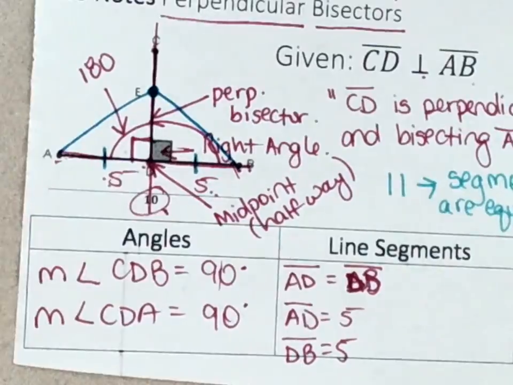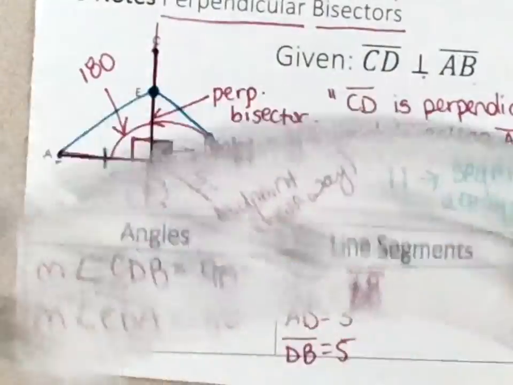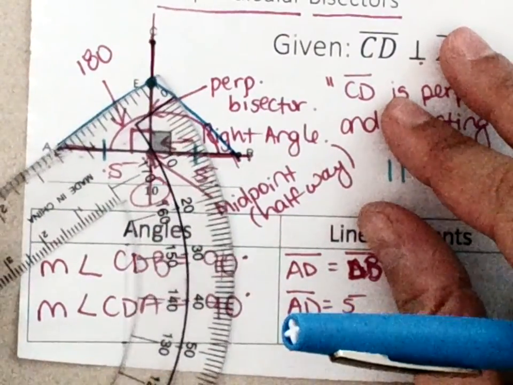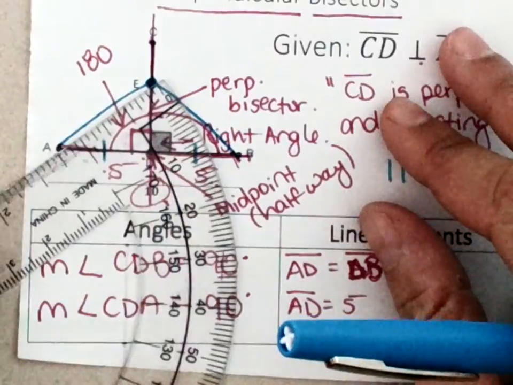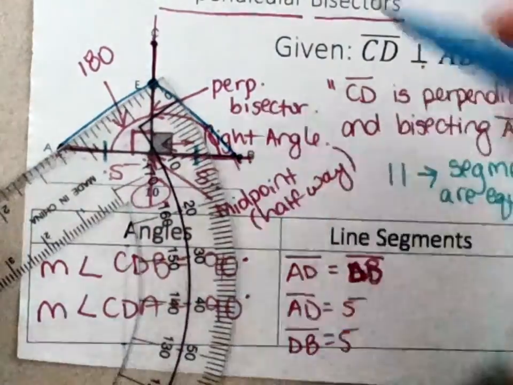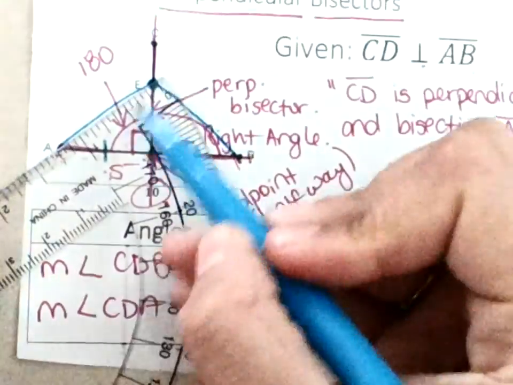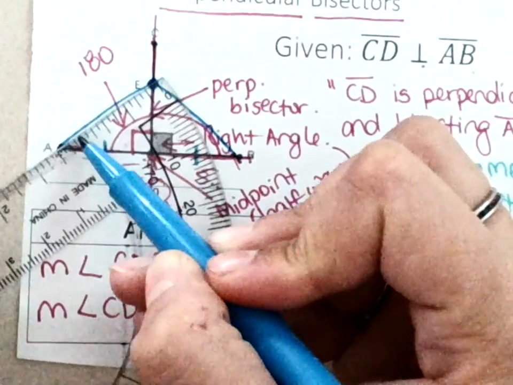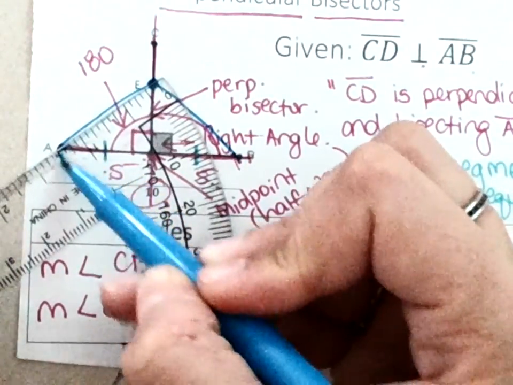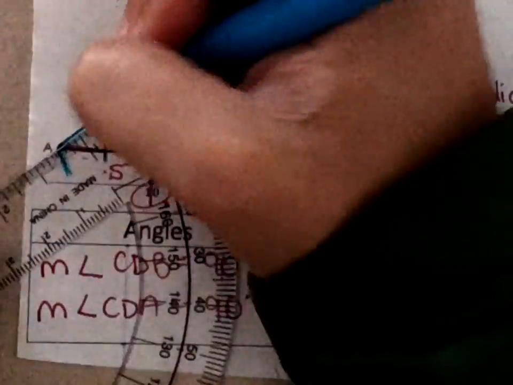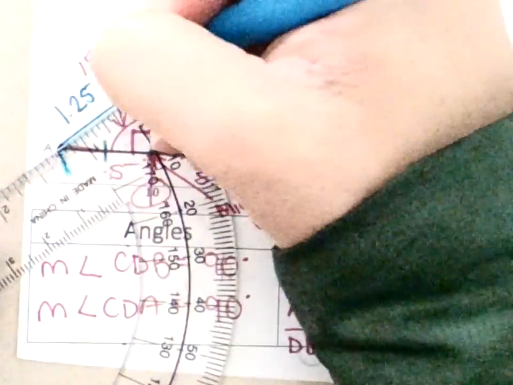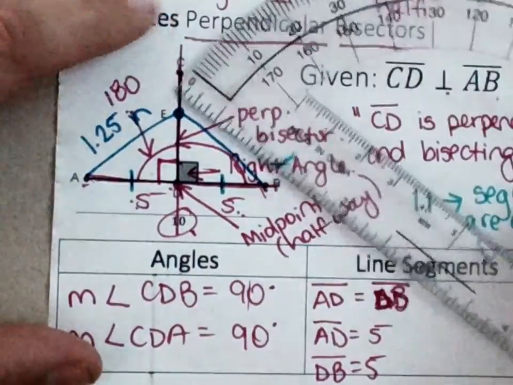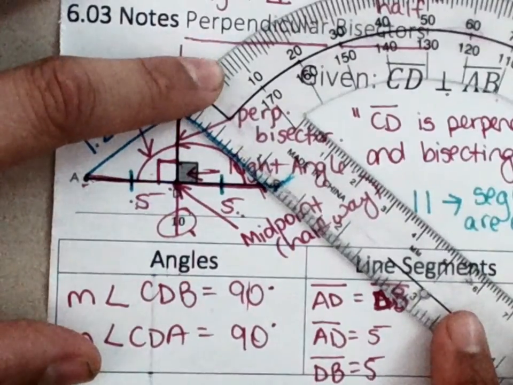So if we were to use our protractor, and this is at 0, so here's 0, and we'll see that it goes all the way over to 1.5. Here's 1, and then we get to the half, 1 1/4. So it's 1 1/4 inch, or 1.25 inches. Now, if this is in fact a perpendicular bisector, this should also be 1.25 inches.